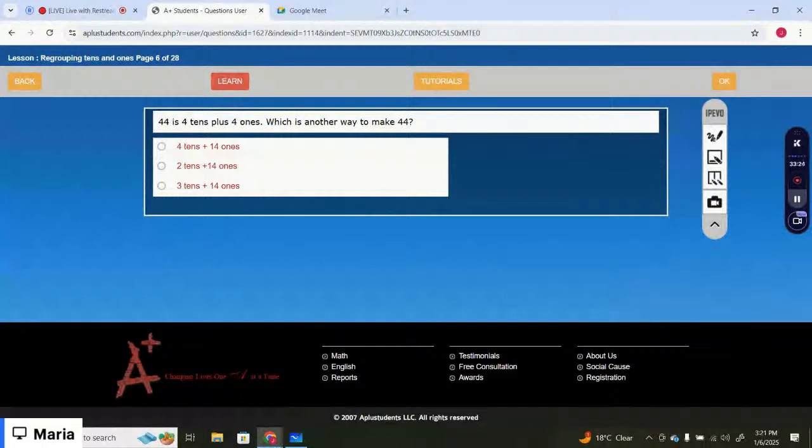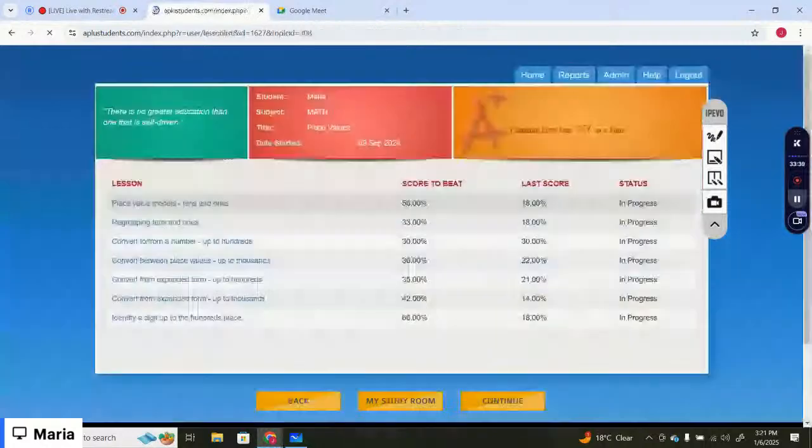The correct option is three tens and 14 ones. Option number three is the correct option. That is three tens and 14 ones. Okay, you can complete the lesson by yourself later. Let me just move on to the next lesson.